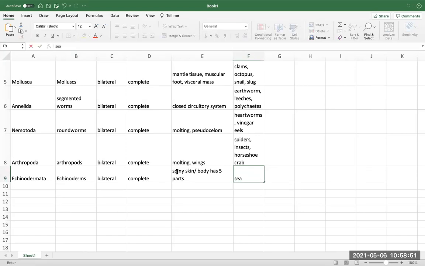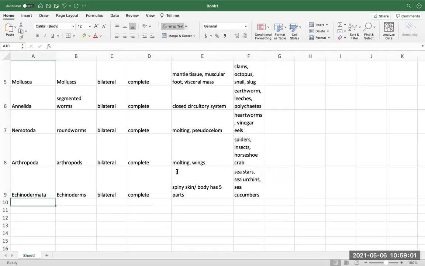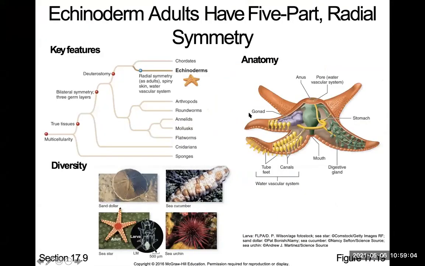Some examples: sea stars, sea urchins, sea cucumbers. Any questions on this phylum? No? You also notice it has these 2 feet for the sea star. There are these 2 feet, and the stomach is in the middle. So they have this water vascular system. That's what you can say: spiny skin and water vascular system.